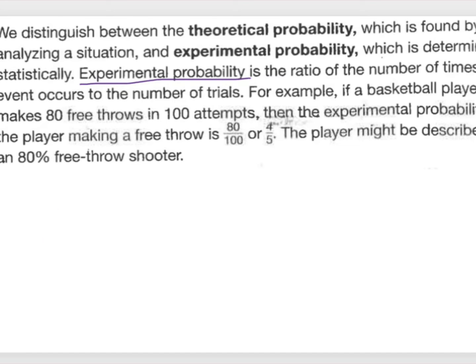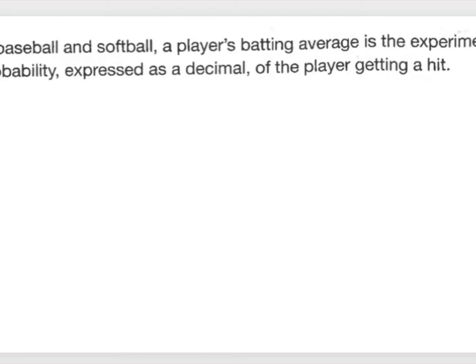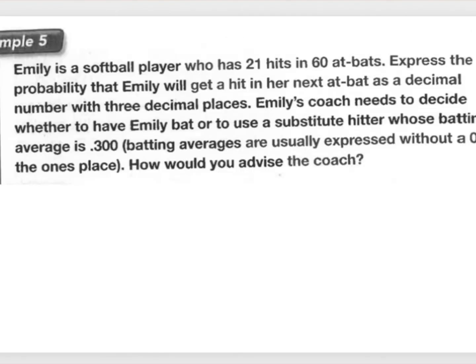Okay, so in baseball and softball, a player's batting average is the experimental probability expressed as a decimal of the player getting a hit. Emily is a softball player who has 21 hits in 60 at bats.